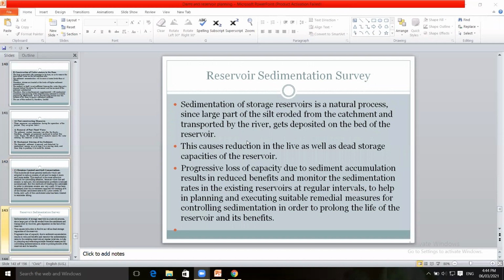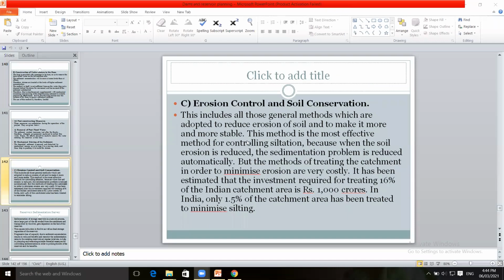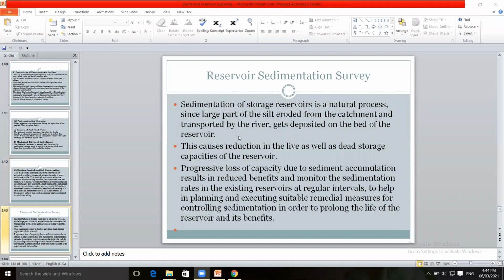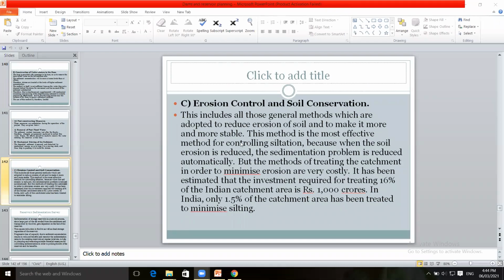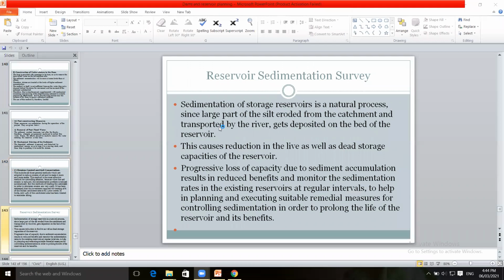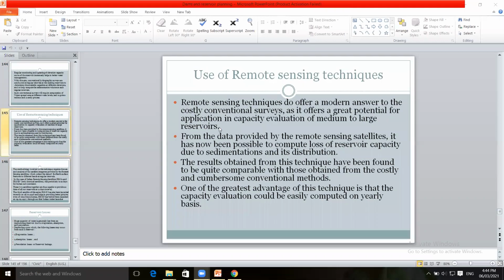These are the measures which are taken to avoid the silting of the reservoir. Next lecture we'll see the reservoir sedimentation survey and use of remote sensing techniques in reservoir sedimentation.